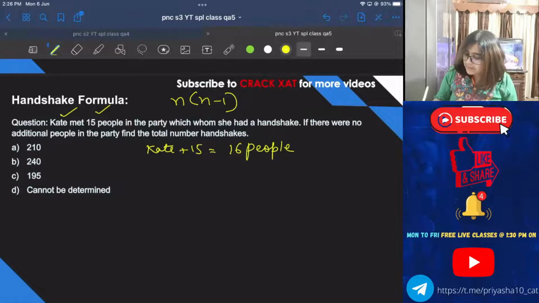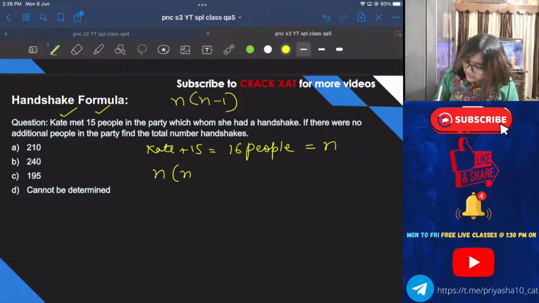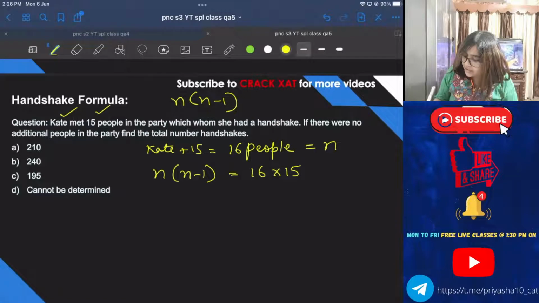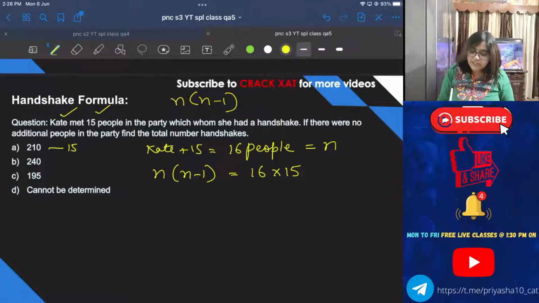Total 16 people, so n is equals to 16. No need to be sorry. So n into n minus 1 will be 16 into 15 over here, not 15 into 14. This option was 15 into 14. Got that? Good, good everyone. Very nice. So the answer is 240, option B.